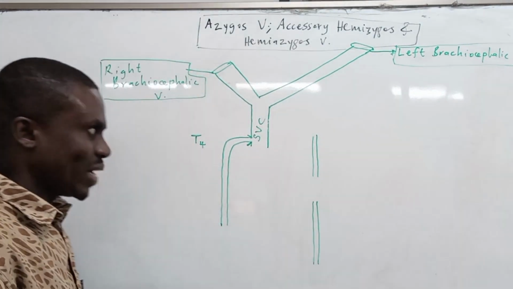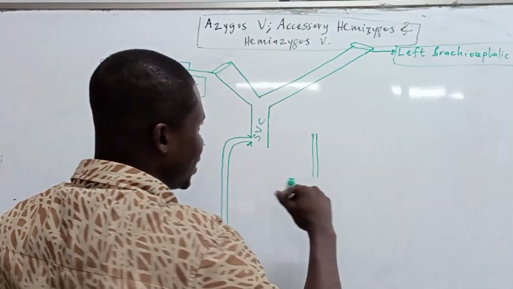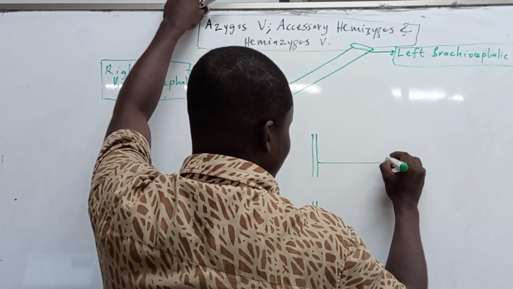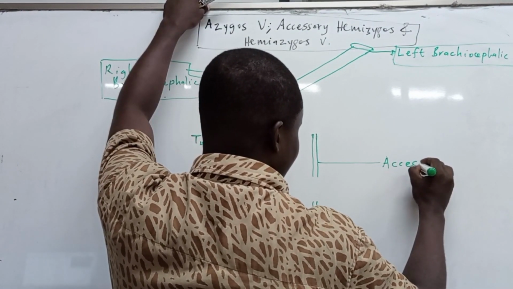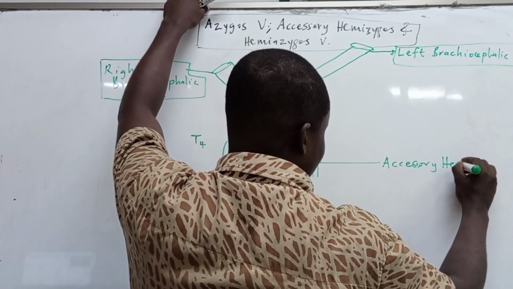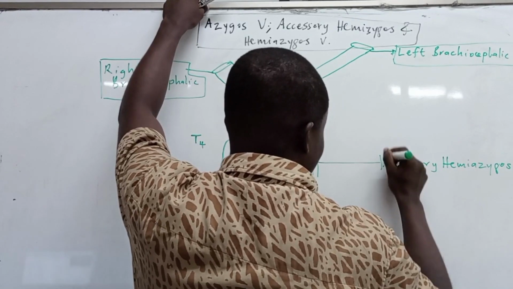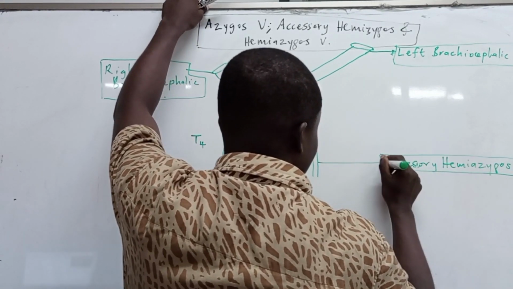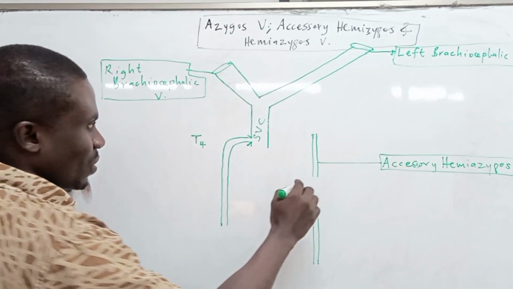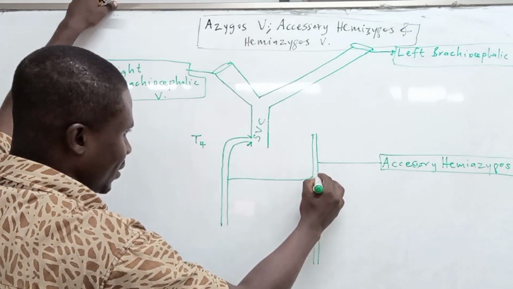The upper one is the accessory Hemiazygos vein. Remember that this accessory Hemiazygos vein also drains into this guy over here.